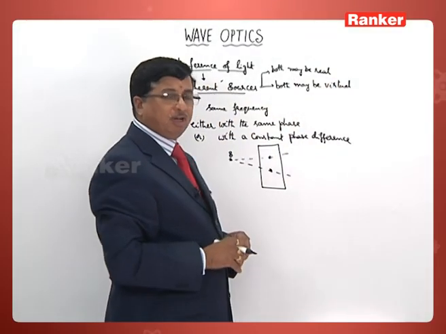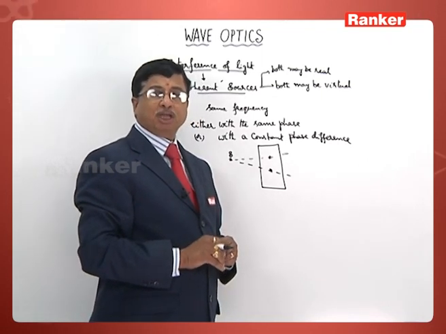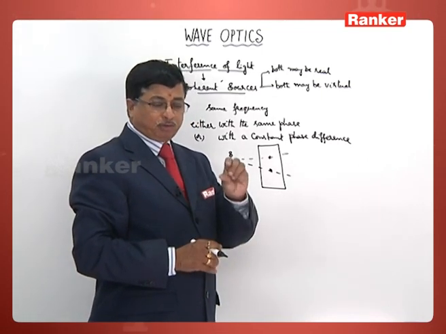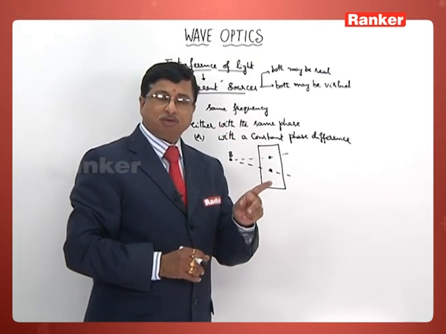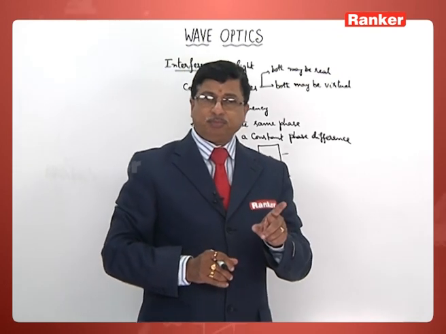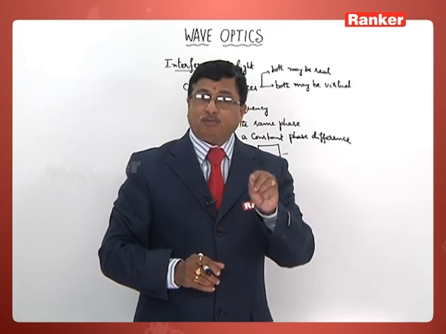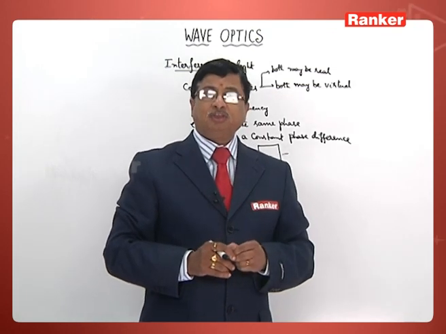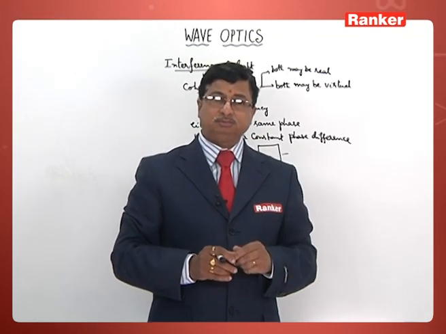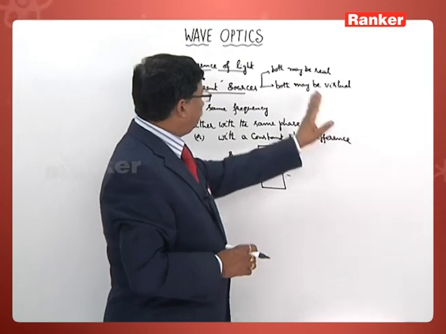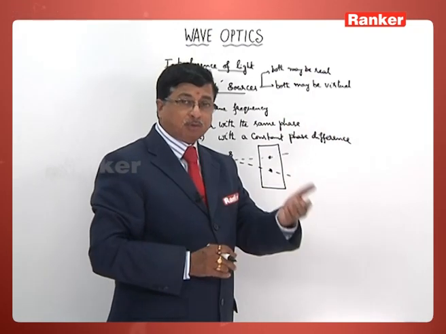In the case of Fresnel's biprism, there is one prism by the name Fresnel's biprism. Whenever we use Fresnel's biprism, both the sources we are going to observe, which are giving us the interference pattern, are virtual sources by nature. That means both the sources may be real, or both may be virtual.